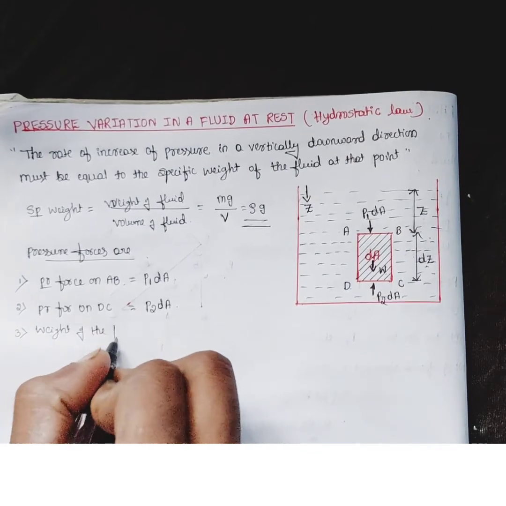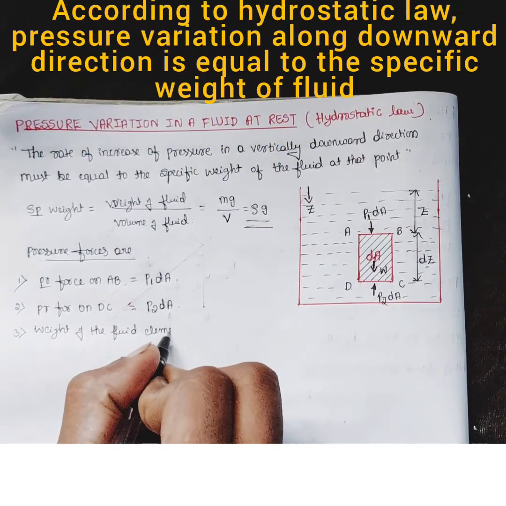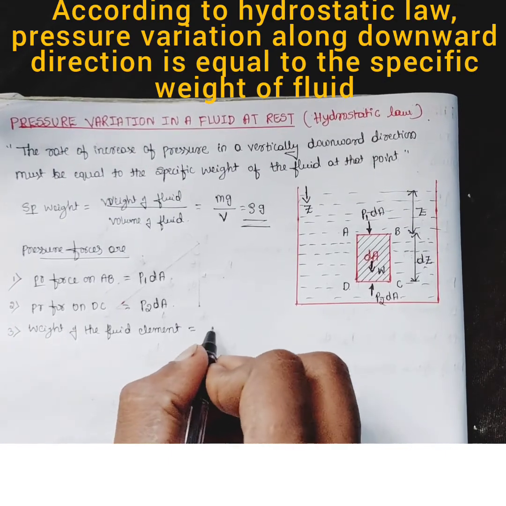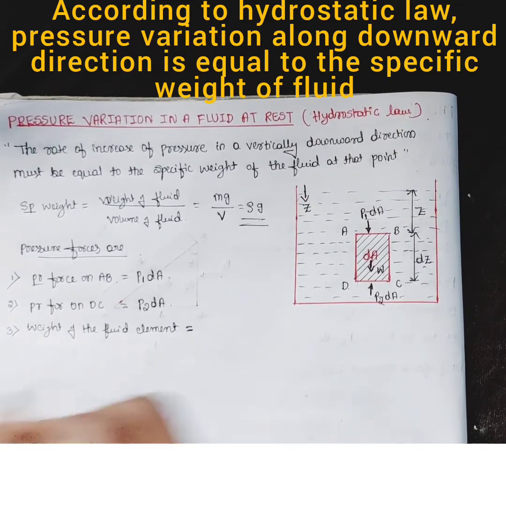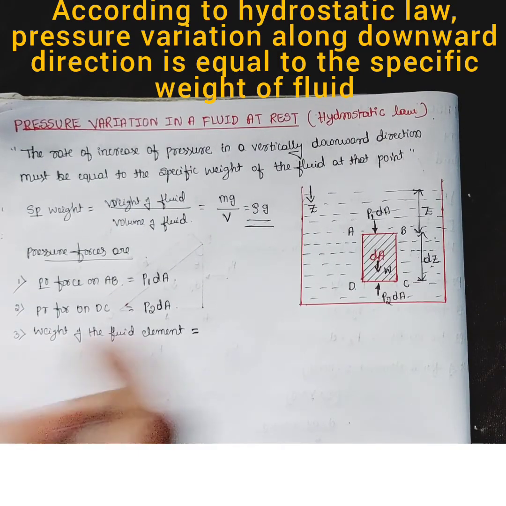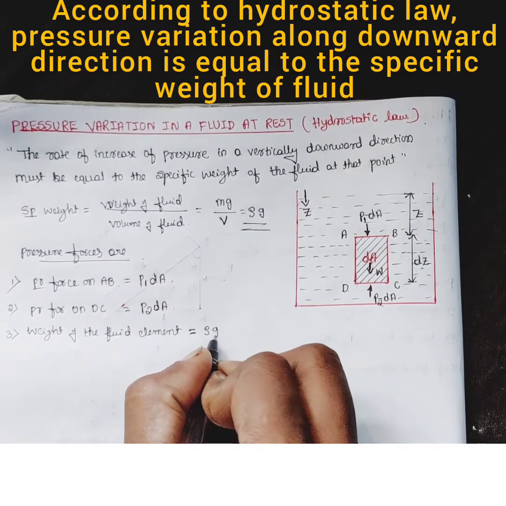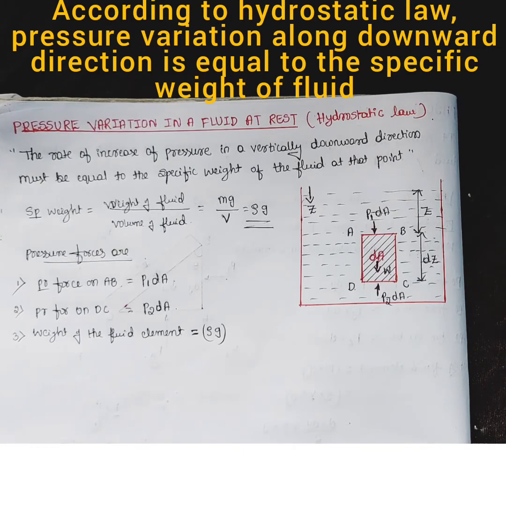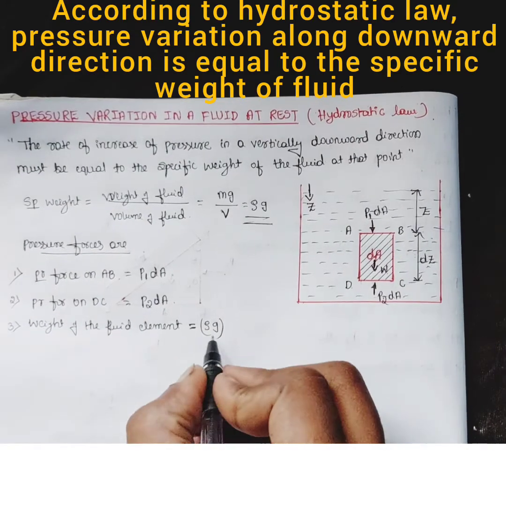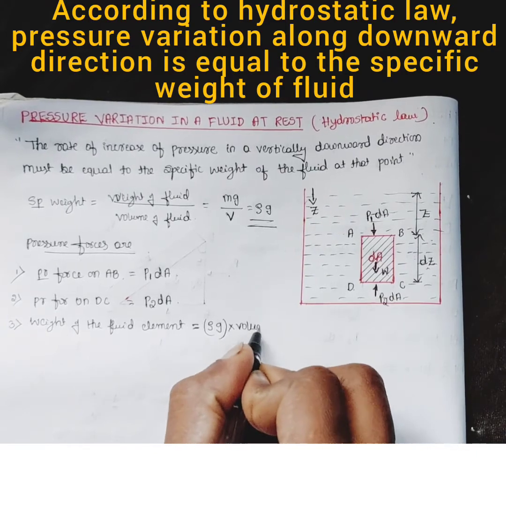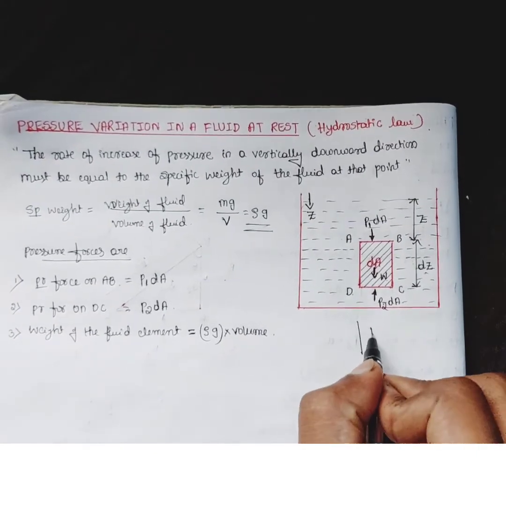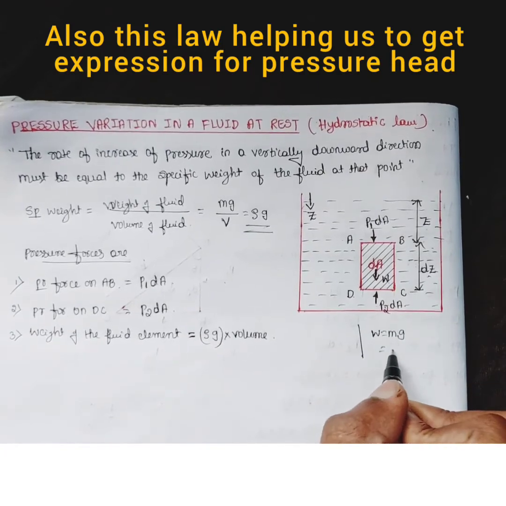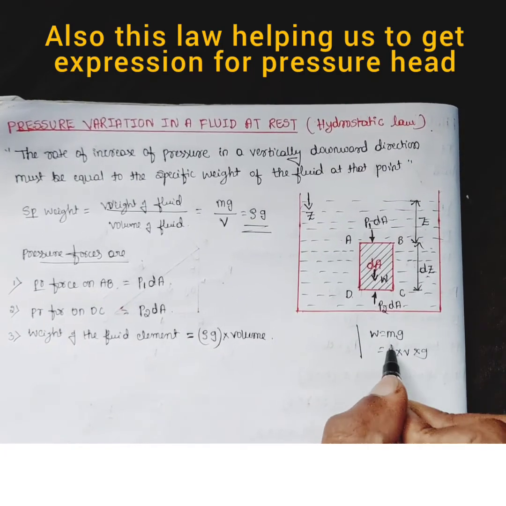Weight is mass into gravity, and mass can be written as density into volume, so weight is rho into volume into g.